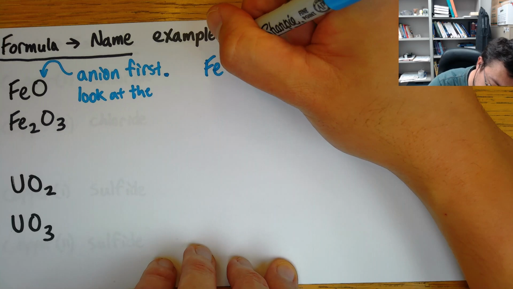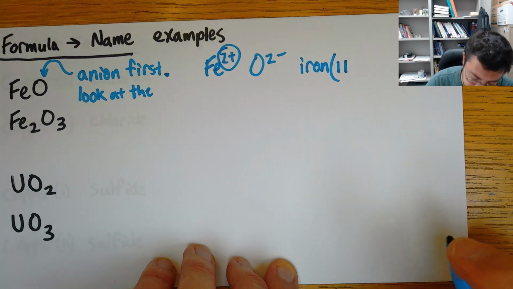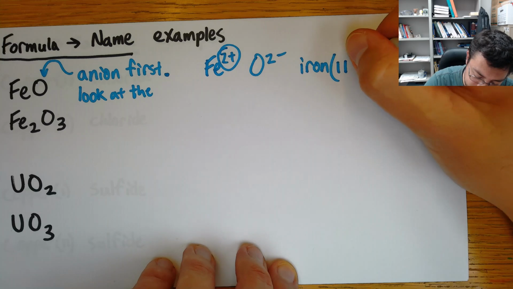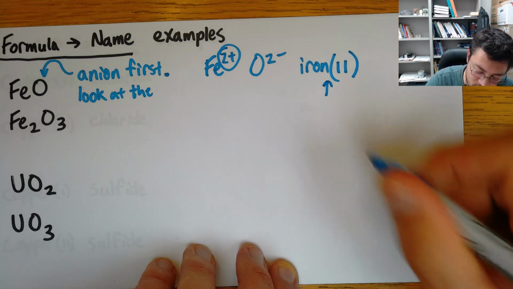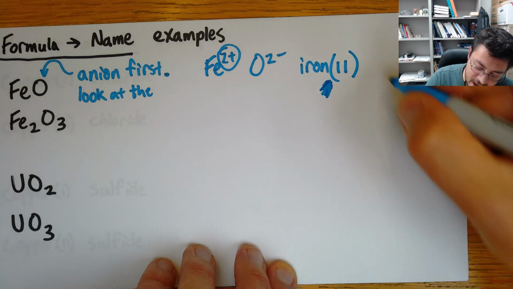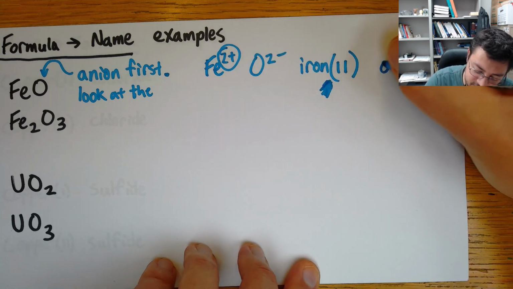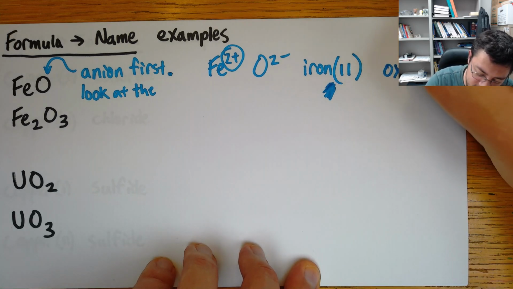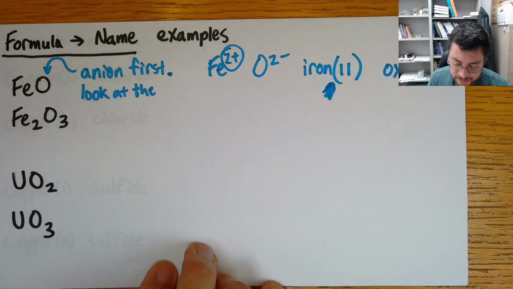It has a 2+ charge, so I write 2 in Roman numerals. Close the parentheses. My understanding is most people do not want a space right there. Now we have a space here, and then we just write oxide, the name of the anion. So iron(II) oxide for FeO.